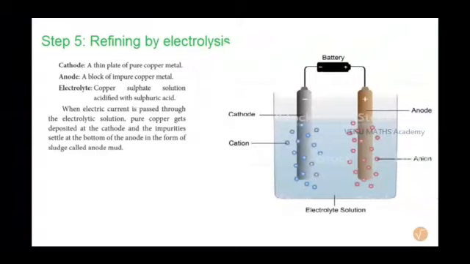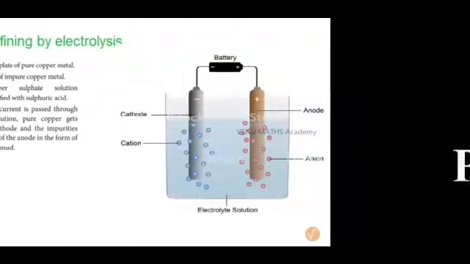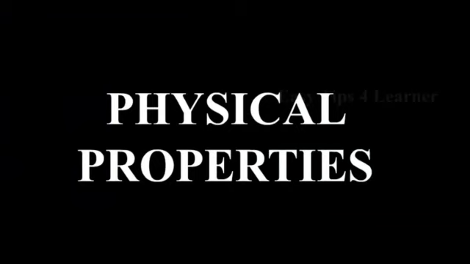Hence, sludge is called anode mud and that can be removed easily. So, this is how copper is extracted from its ore, copper pyrites. Next, we shall learn about the physical properties of copper.